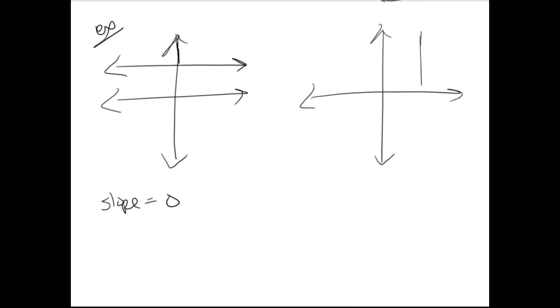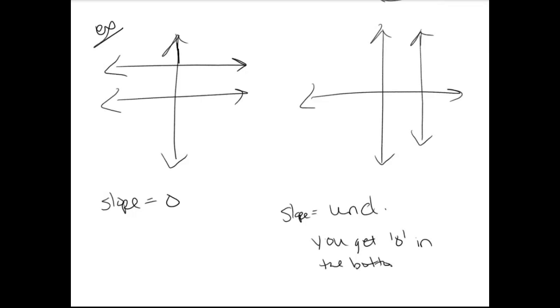And then the other that sometimes trips people up, in this case, our slope is undefined. So if you have a vertical slope, or a vertical function, I mean, your slope is undefined. And what this translates to algebraically is that you get 0 in the bottom of the fraction when using delta y over delta x.